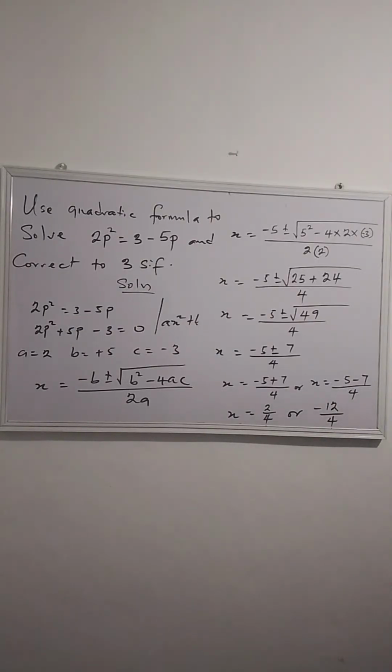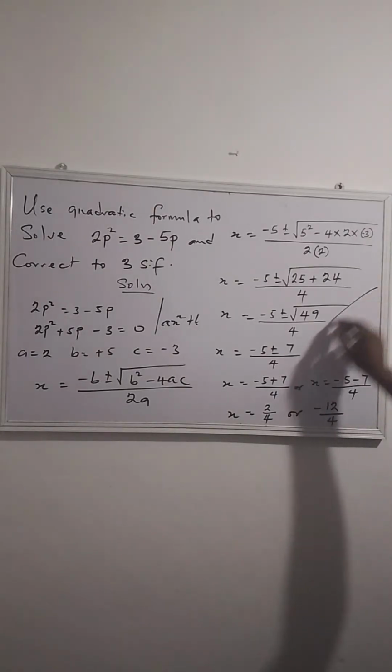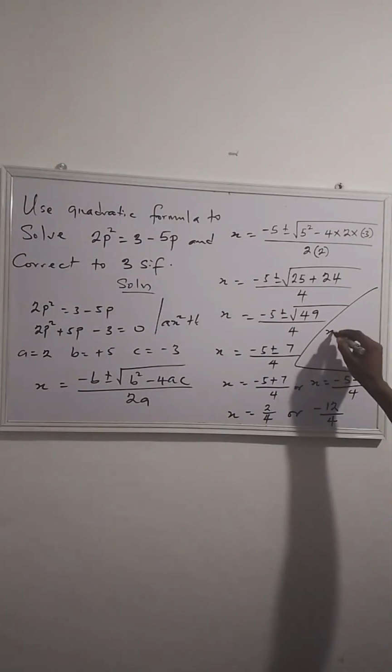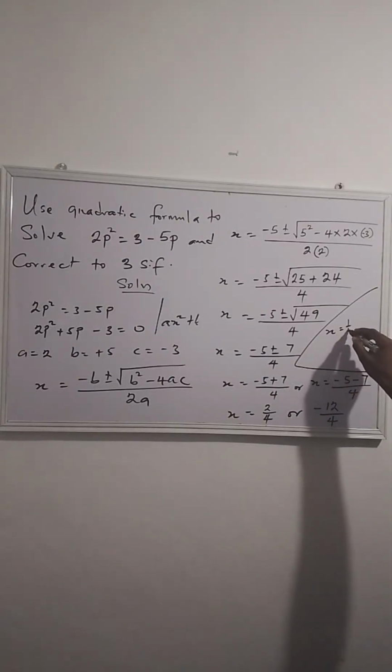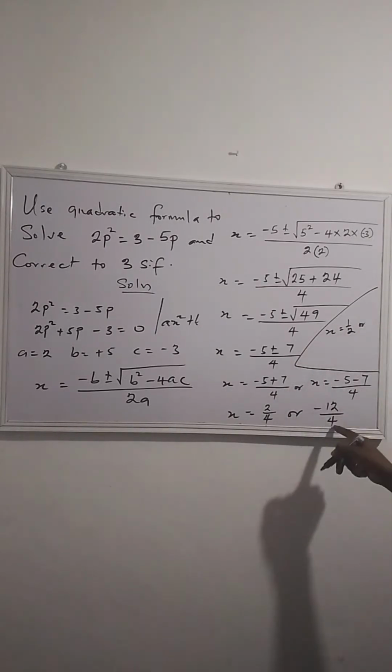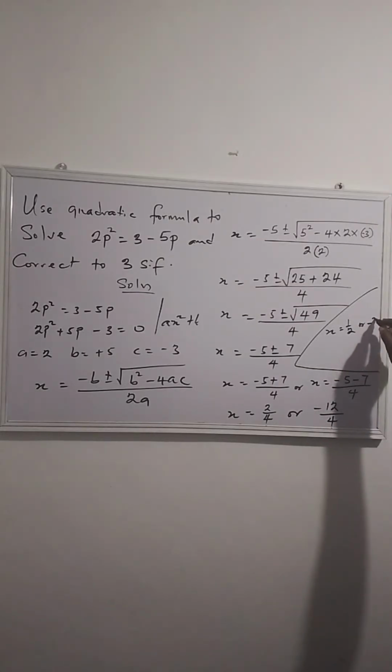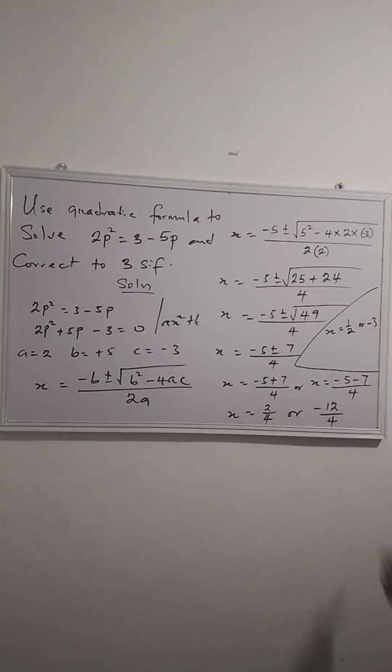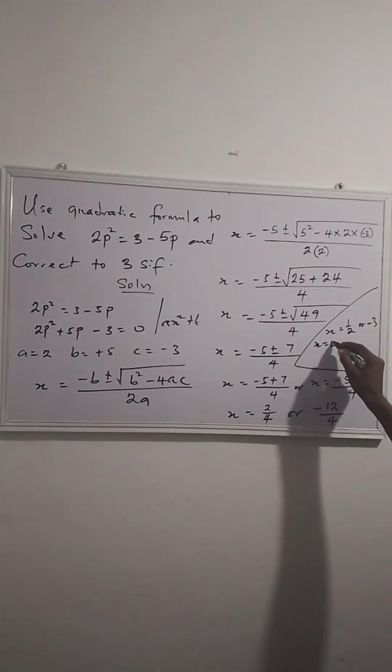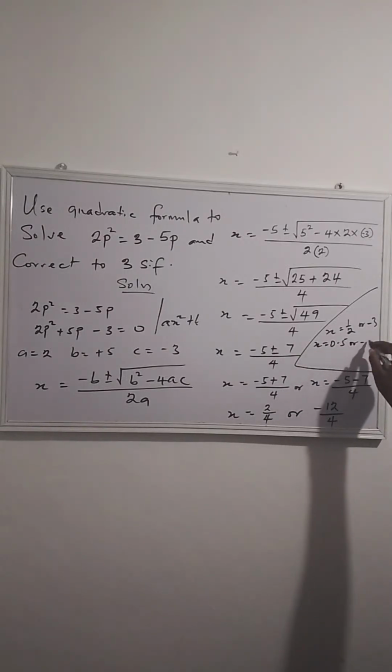When you divide that, you have x equals 1 over 2, or minus 3. So x is the same thing as 0.5 or minus 3.